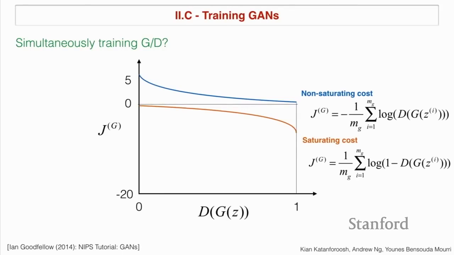Okay. Now, another trick to train GANs is to use the fact that D is usually easier to train than G, but as D improves, G can improve. If D doesn't improve, G cannot improve. So you can see the performance of D as an upper bound to what G can achieve.